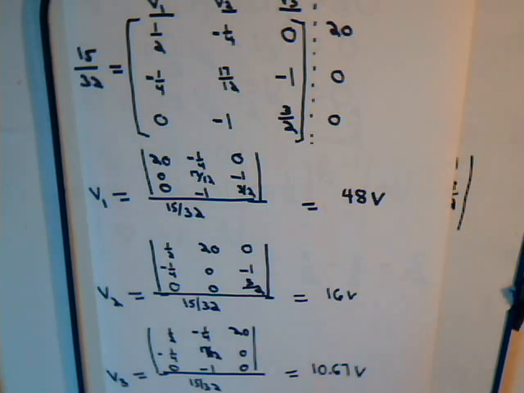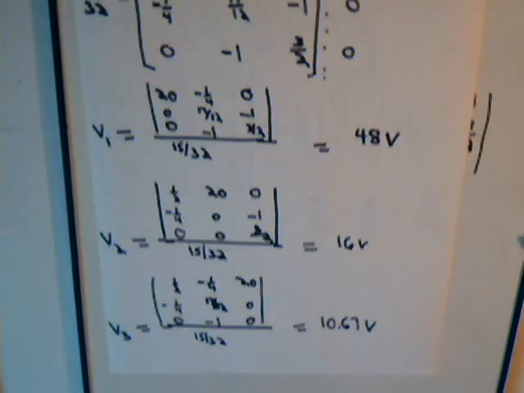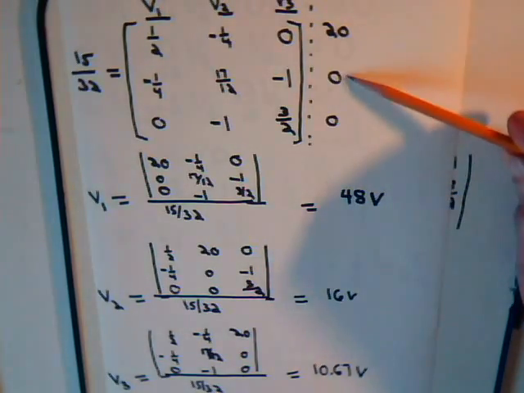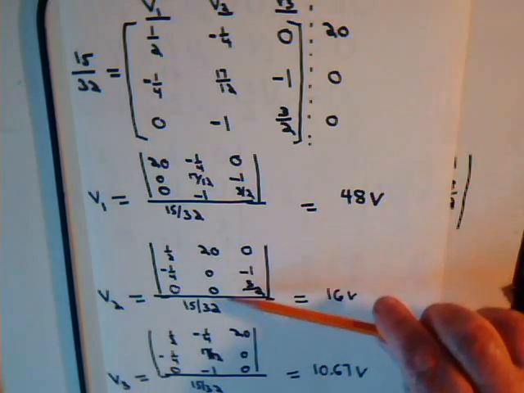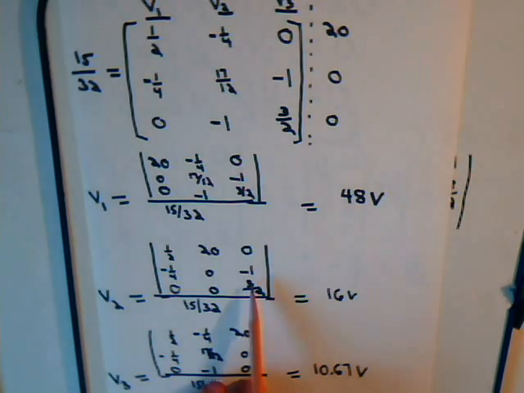Likewise for V2, now we replace the V2 column with 20, 0, 0. That gives us this 3 by 3 determinant. The V1 column and the V3 column are unchanged. So now, divide the value of that determinant by 15 over 32.